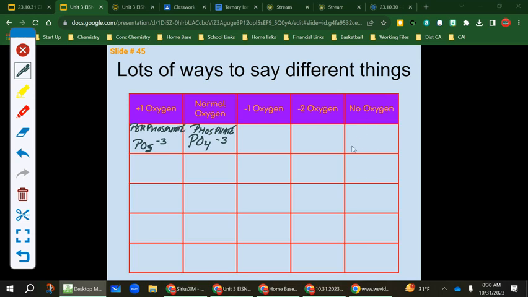Sorry, running out of room there, ladies and gentlemen. What if we lose one oxygen? What does the formula become? PO3, and it's still a -3. Now it becomes phosphite, ITE ending. Okay? Now, what would it be if we've lost 2 oxygens? PO2, still a -3. I'm going to put the name down here so you can read it better.